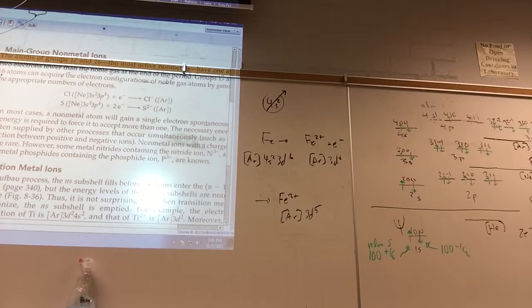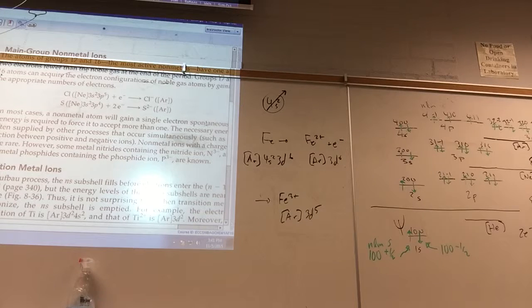Metals lose, non-metals gain. So it's pretty simple here. Carbon wants to gain 4, nitrogen wants to gain 3, oxygen wants to gain 2, fluorine wants to gain 1. And that holds for the whole families: the carbon family, the nitrogens, which are called pnictogens, the oxygens, which are the chalcogens, and fluorine, the halogen family.